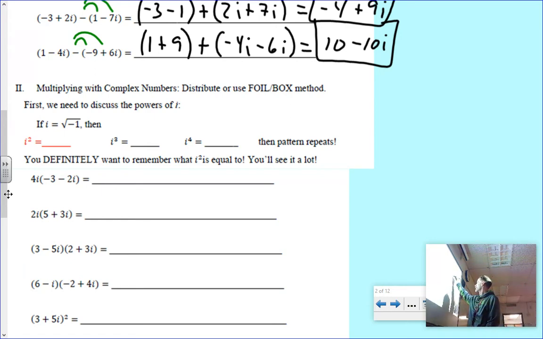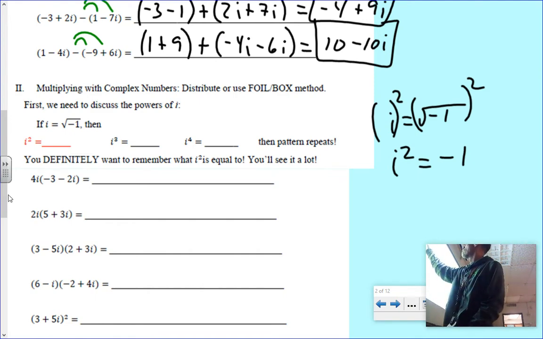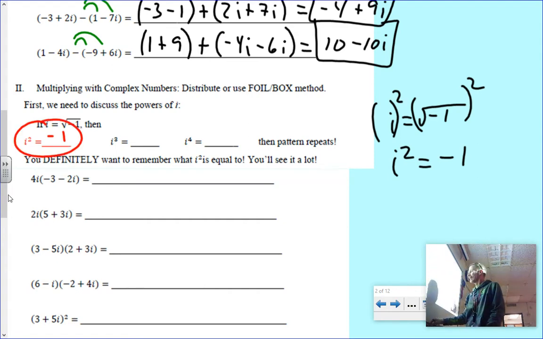Using the definition, if i is the square root of -1, and I square both sides of that little equation, that means i squared is equal to -1. This is the one you definitely want to remember because it's going to be used a lot in all of your multiplication and division questions.